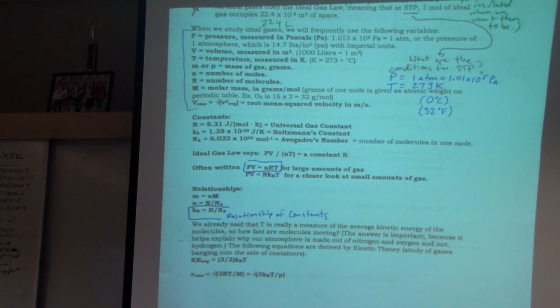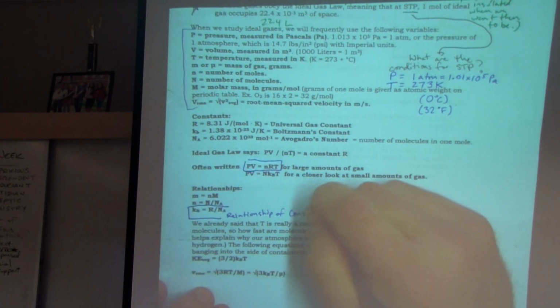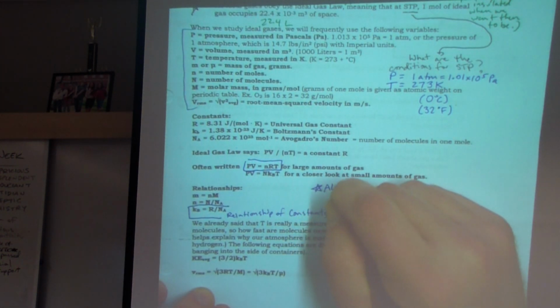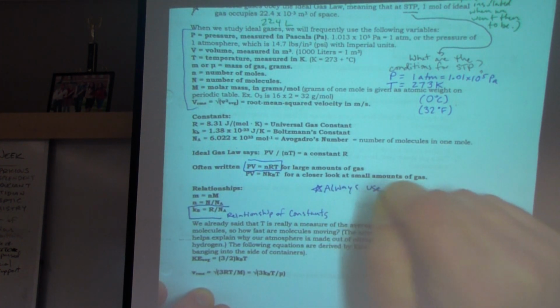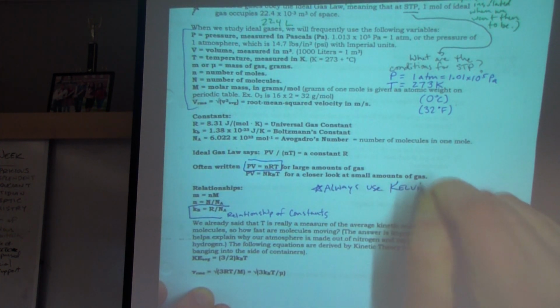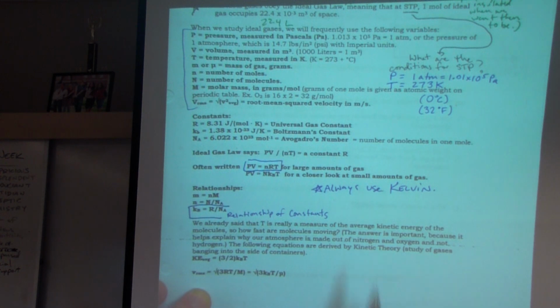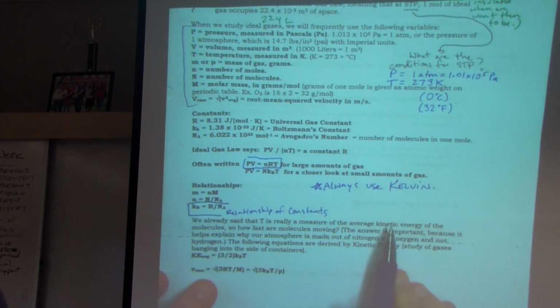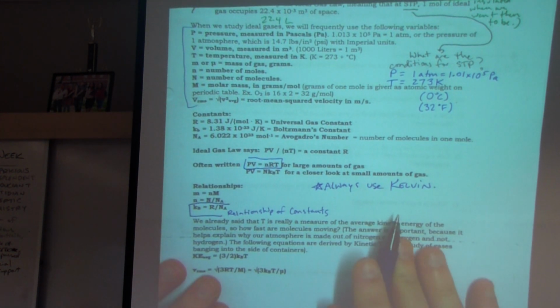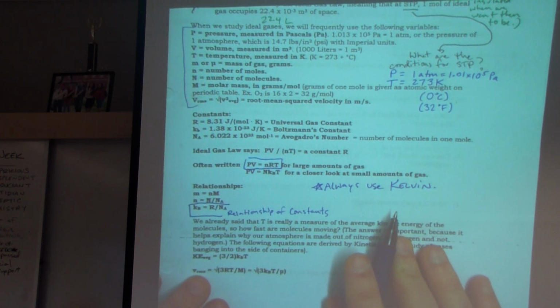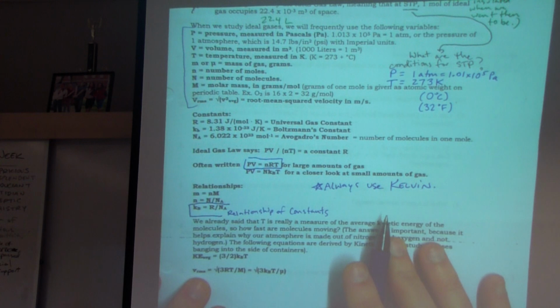Just as a little piece of advice, always use Kelvin. Do you always have to use Kelvin? Will you get the wrong answer if you don't? Not necessarily, but you won't ever get the wrong answer if you use Kelvin. Kelvin's safe.